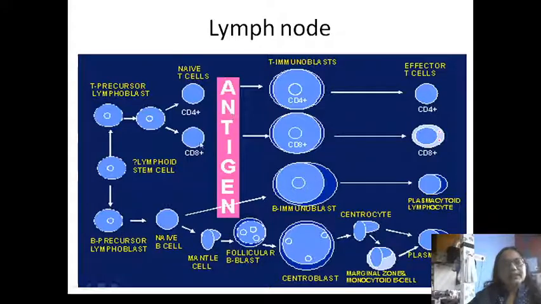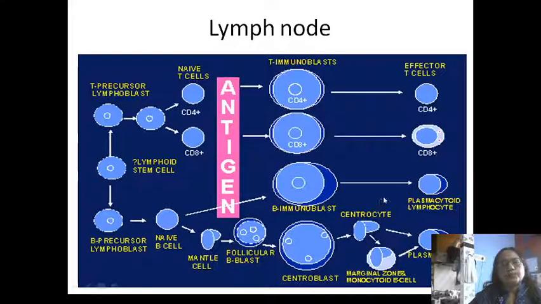Now when they are encountering an antigen, what is happening? They are further differentiating into either CD4 helper cells or cytotoxic cells. In case of the B cells, they are differentiating into centroblasts, centrocytes, plasma cells, immunoblasts and so on.